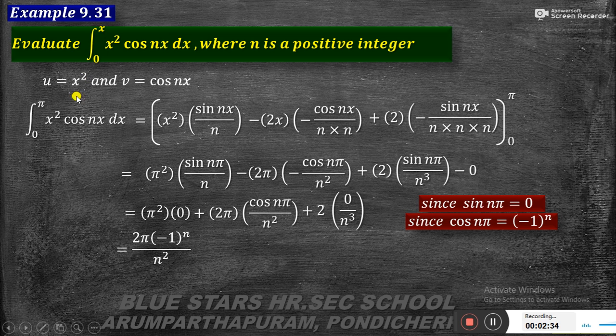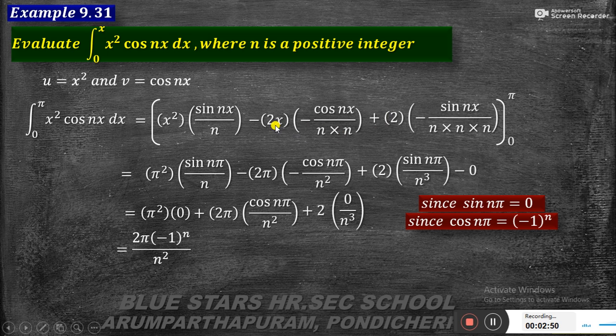Differentiation of x square is 2x. The x terms we differentiate, the trigonometric terms we integrate. Next, integration of sin nx by n is minus cos nx by n square.